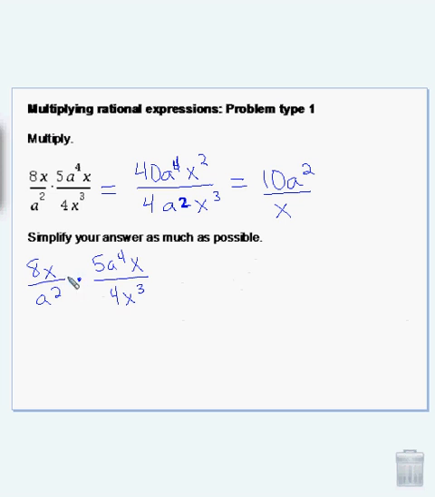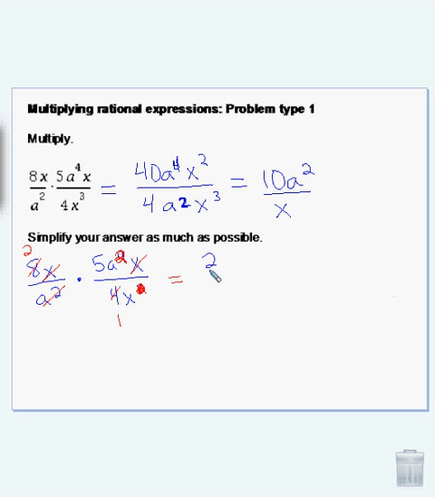If I want to cross cancel, 4 goes into 4 once and into 8 twice. I have 2 a's, which will cancel 2 of these a's. 1 x cancels 1 x, but then again I have x's in the same expression, so this x will cancel, leaving just 1 x behind.